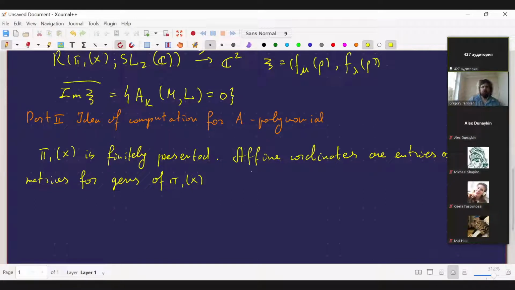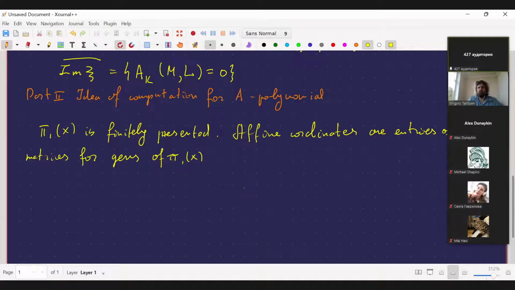Since the presentation is finite, we have finitely many matrices which should be equal to 1 for our representation, and this gives us equations for the representation.